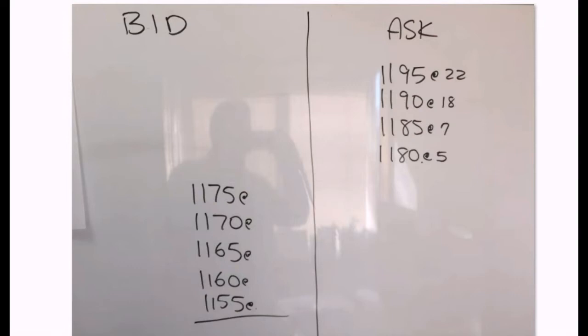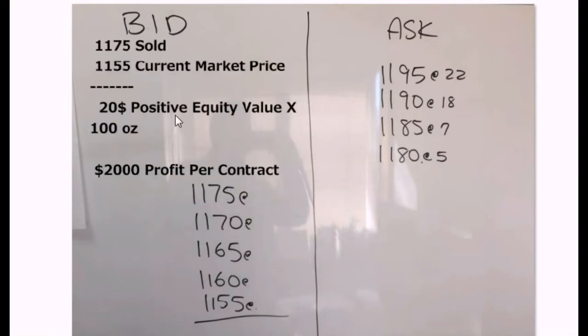And let me just give you an example of a simple $20 move from 11.75 to 11.55 and what that might look like. Each contract represents 100 ounces of gold. So you sell at 11.75, and you can potentially buy it back at 11.55, you're looking at a $20 positive equity value in the contract times 100 shares.